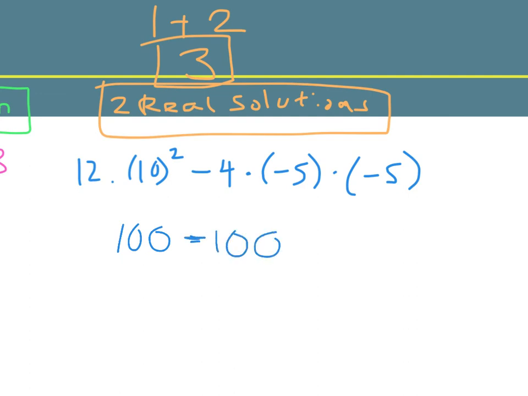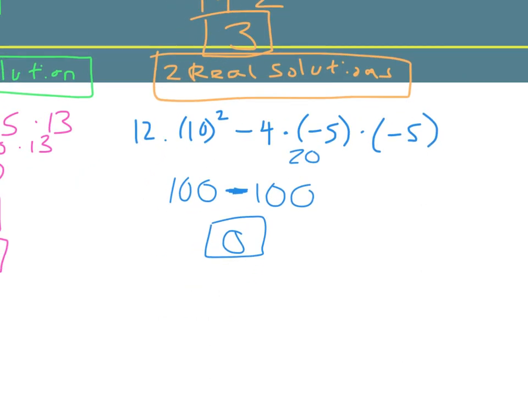So minus 100. 4 times 5 would be 20, and then 20 times negative 5 would be negative 100. So 100 minus 100 is 0. Our discriminant is 0. What does this tell us about our number of solutions? There is one real solution.